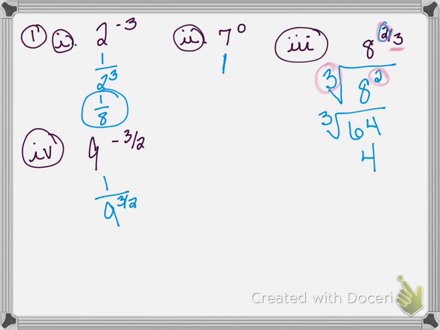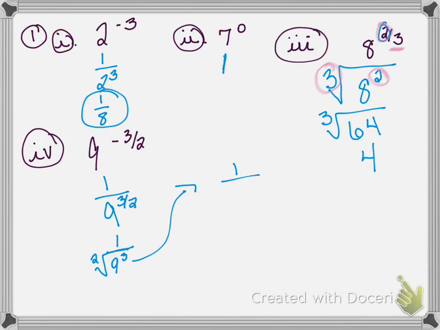The 3 stays with the 9, so I'm going to have 1 over 9 to the 3rd power, and then I am going to take the square root of that. 9 times 9 times 9 is 81 times 9, which is 729.